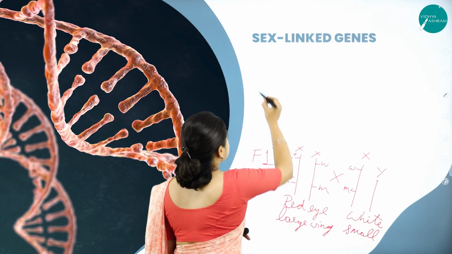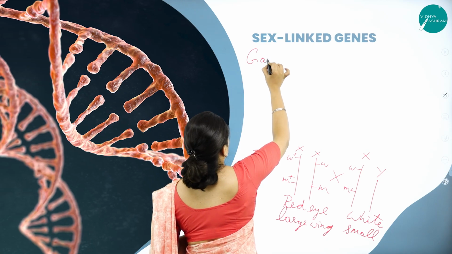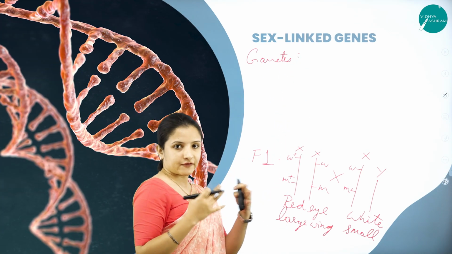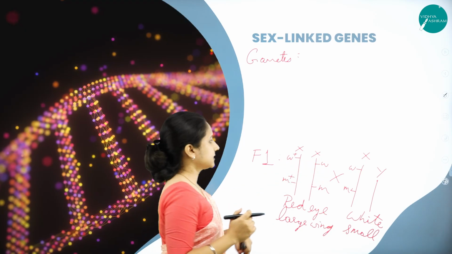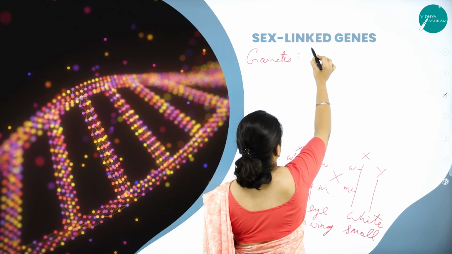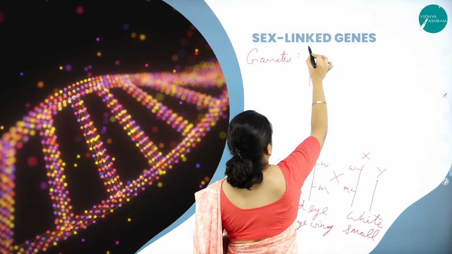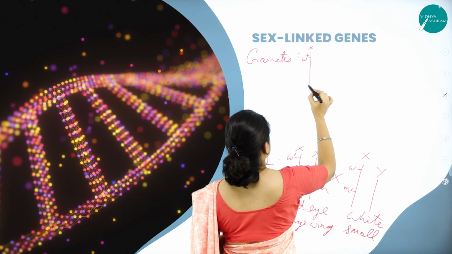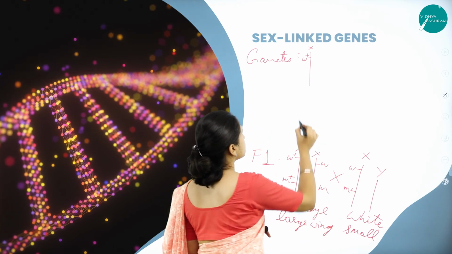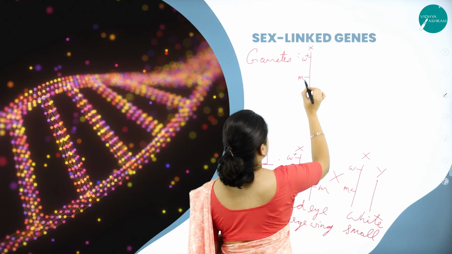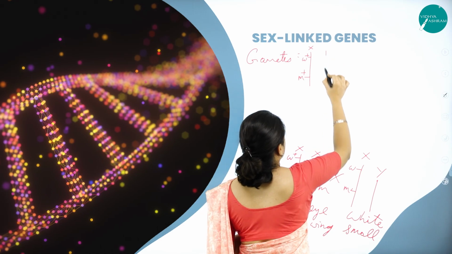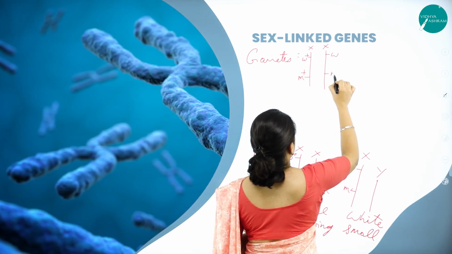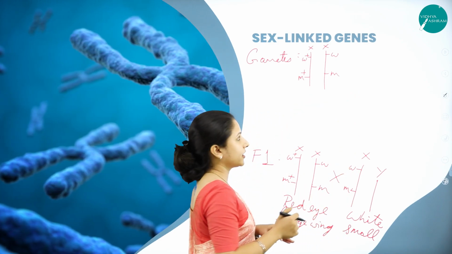So what are the gametes involved here? Morgan made again a cross between the F1 generation progeny itself. So what are the gametes involved here? X, W plus, M plus, and one more X, W, M. This is one set of gametes that are involved.